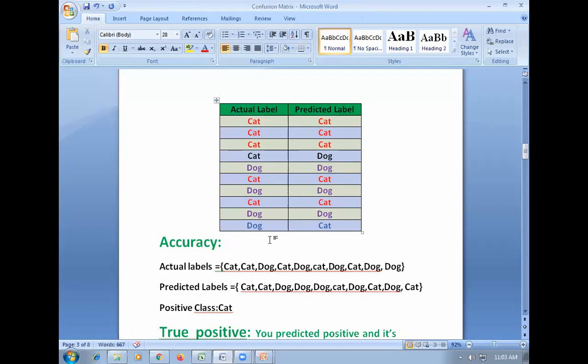That means 2 rows are not same. So 8 out of 10 is the accuracy, which is 0.8, and we can say it is 80%.